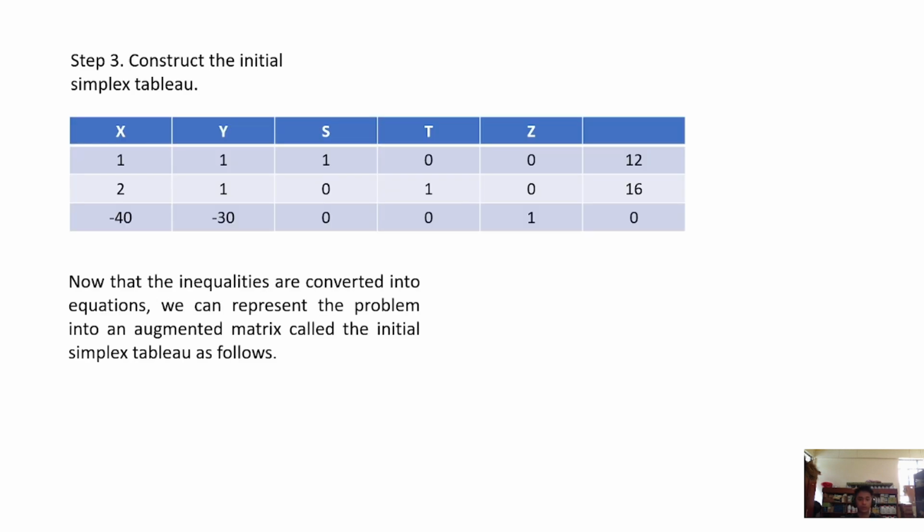So, step 3, construct the initial simplex tableau. Each equality appears in its own row. The non-negative constraints do not appear as a row in the simplex tableau. Write the objective function as the bottom row. Okay, now the inequalities are converted to equations.